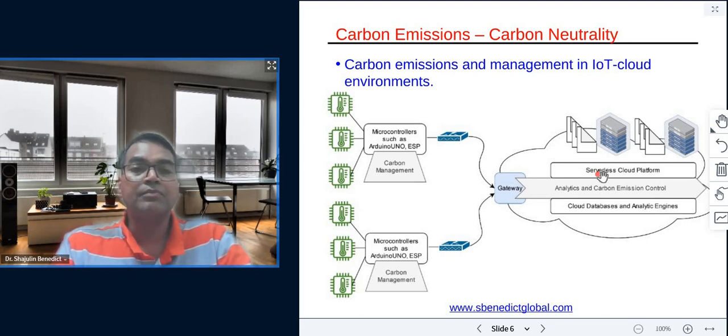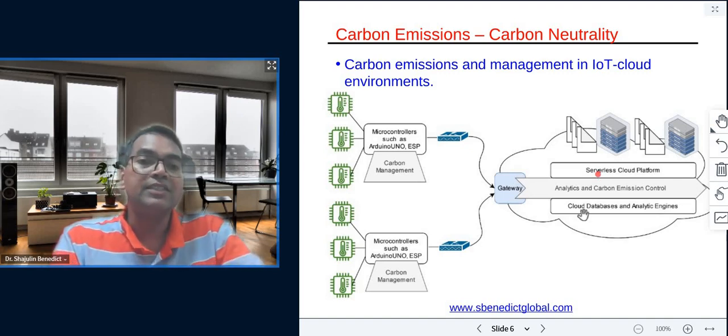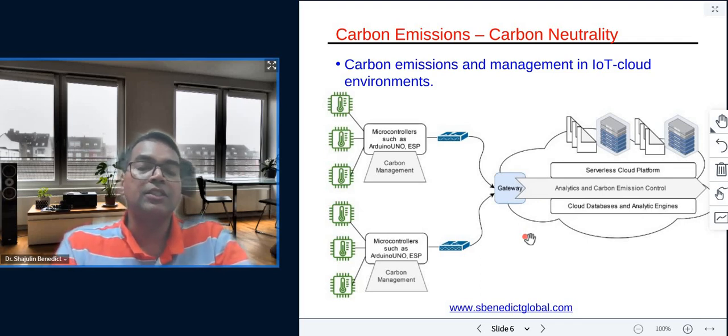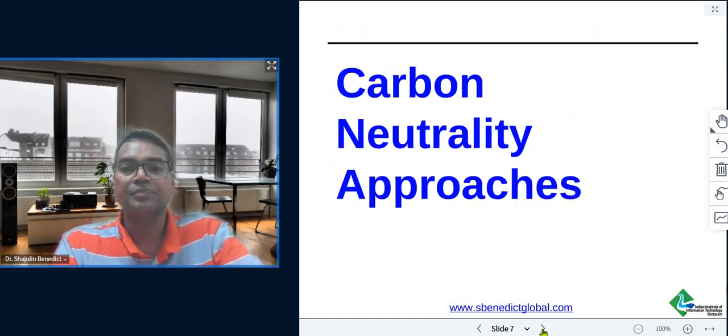A healthcare system with IoT enabled sensors will always be connected, always has to be powered on, and this will obviously create a lot of carbon emissions throughout the year. This has to be controlled. That's the reason we say that in IoT enabled applications, we need to control such carbon emissions.